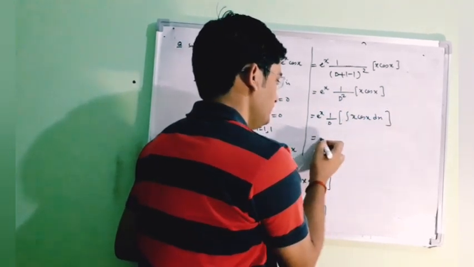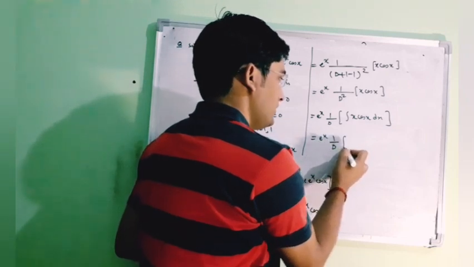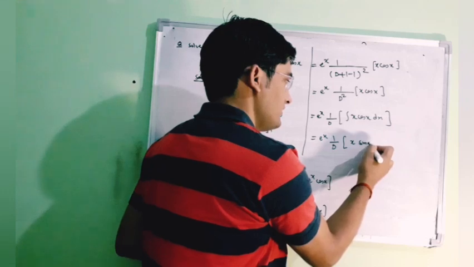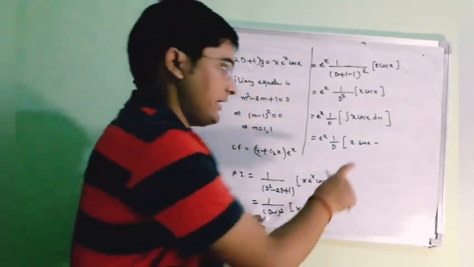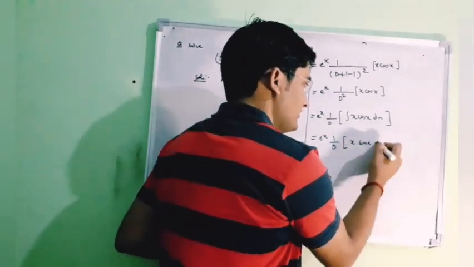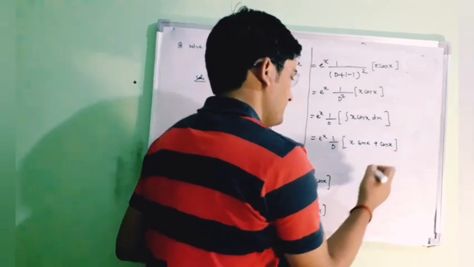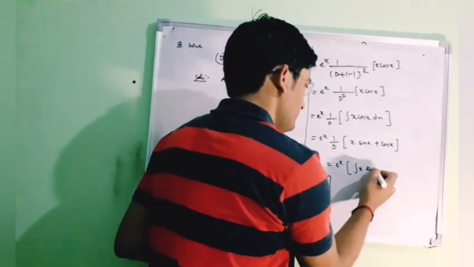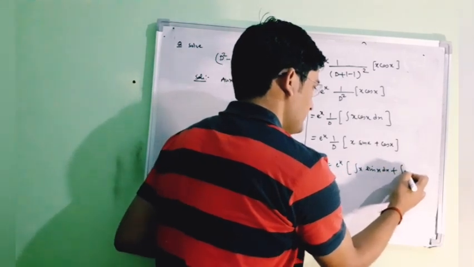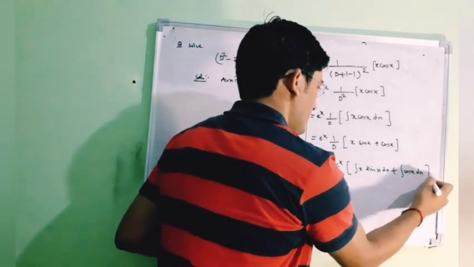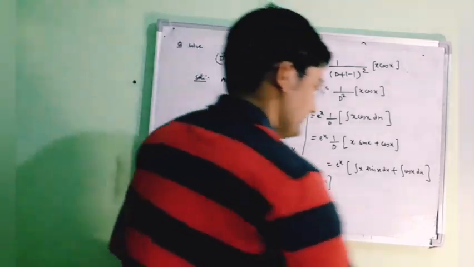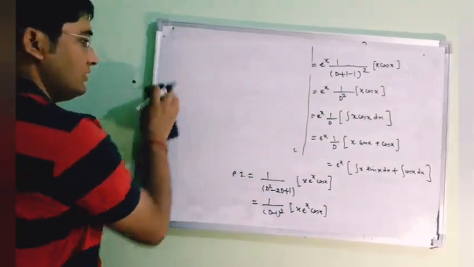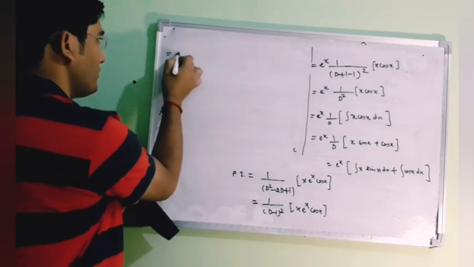Is equal to, one time integration will be x into integration of cos x, which is sin x, then we will have minus sin, and then the integration of sin, which is your minus cos, so this will be plus cos x. Then again we have to integrate this bracket with respect to x, and the integration of this bracket will be as follows.